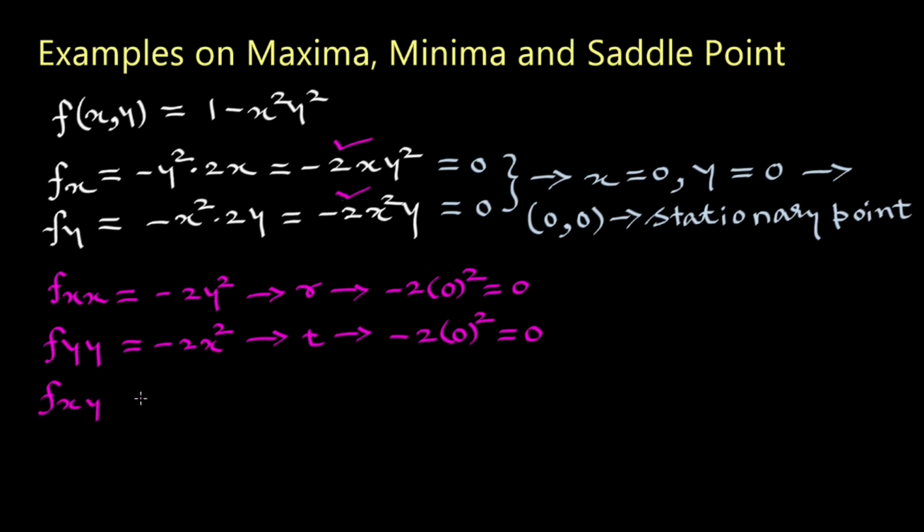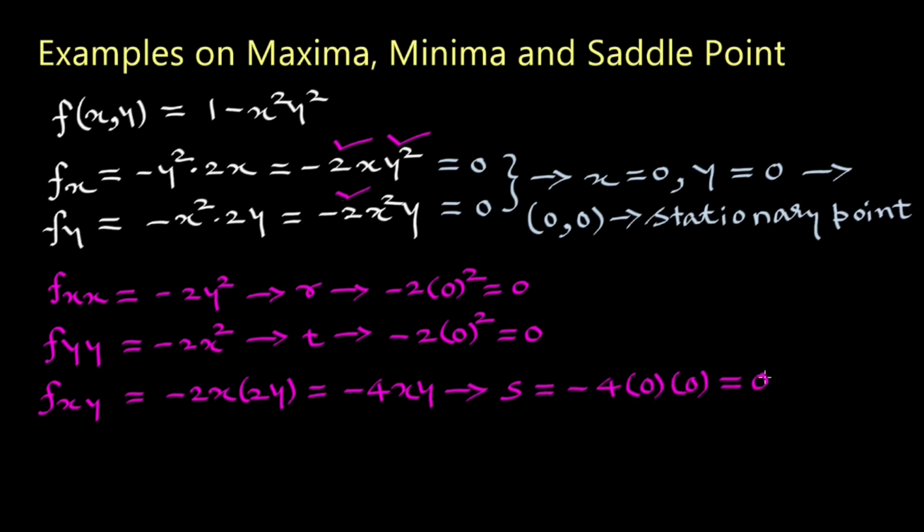And fxy will be again from here minus 2x into 2y, minus 4xy, which at the origin will be s equals minus 4 into 0, 0. So here we got r equals t equals s equals 0. That gives rt minus s square equals 0, and this implies further investigation is needed.